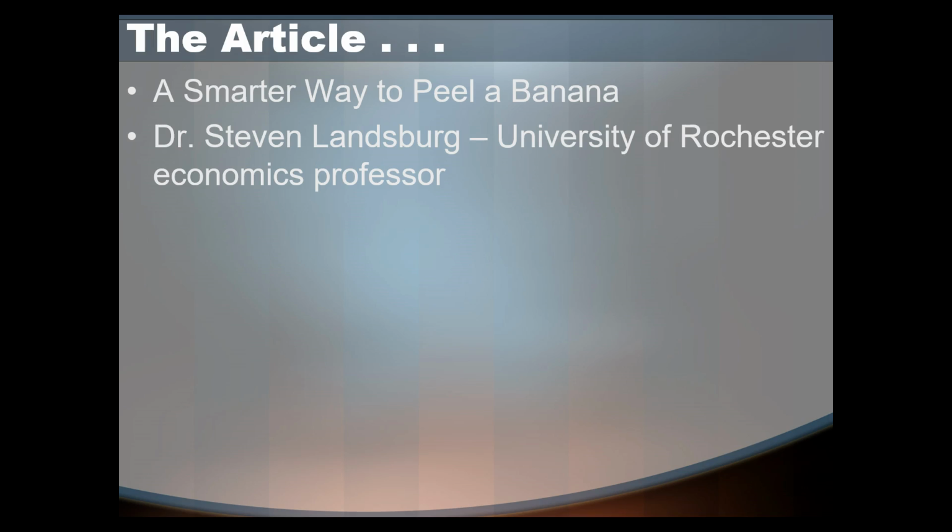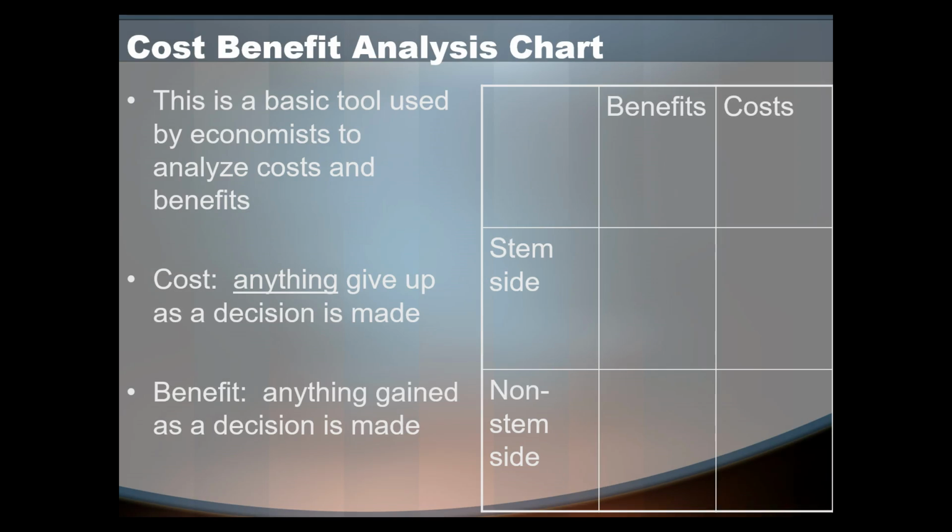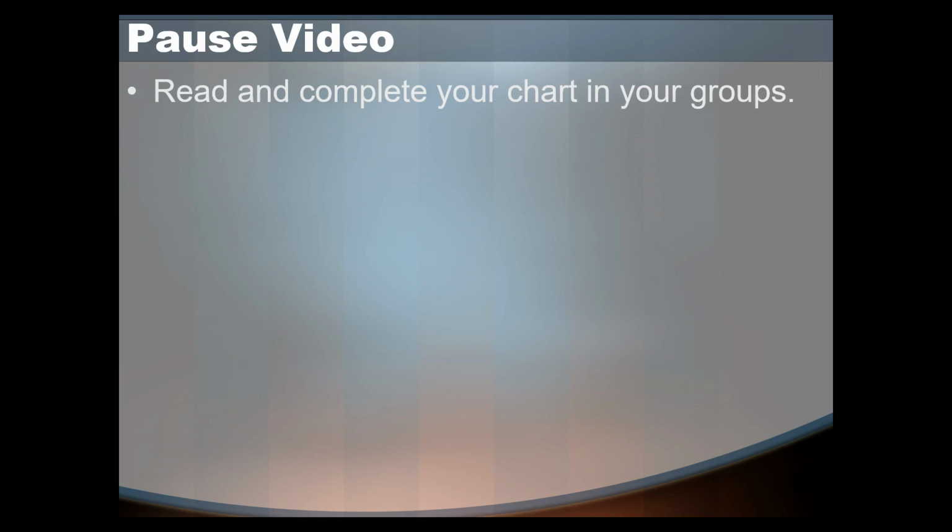So as you read in your groups, you are going to read through the article, and then you're going to go back to your chart and you're going to look for what are some of the arguments in the article about peeling from the stem side, and what are some of the arguments in the article about peeling from the non-stem side. And by the time you finish, you should have at least one thing in every box. So we're going to take a few minutes now and just read.